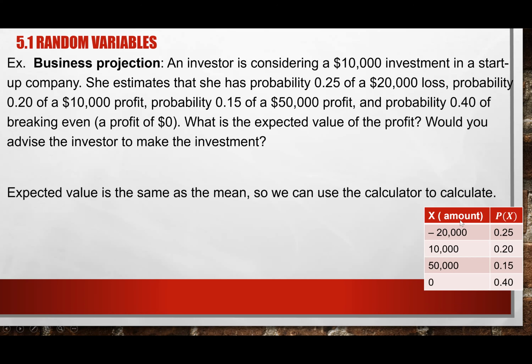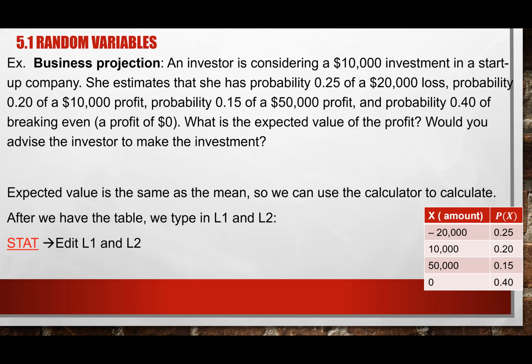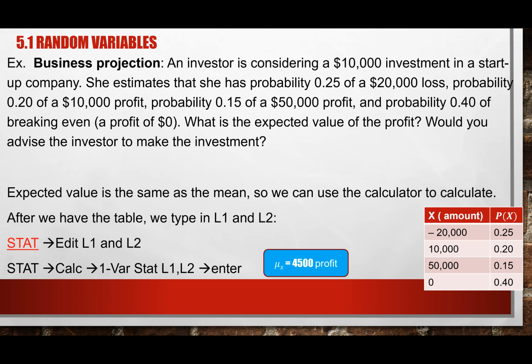So as you can see, once we identify this, in this case, we have 4 numbers: -20,000, 10,000, 50,000, and 0. And if you put this into your calculator, which is L1 and L2, you use edit L1, L2, and then you do stat, calculate, 1-Var Stats, L1, L2. Do you have the mean as 4,500?